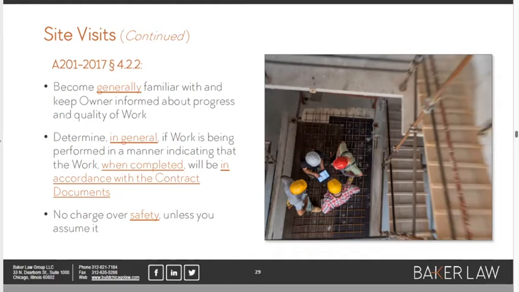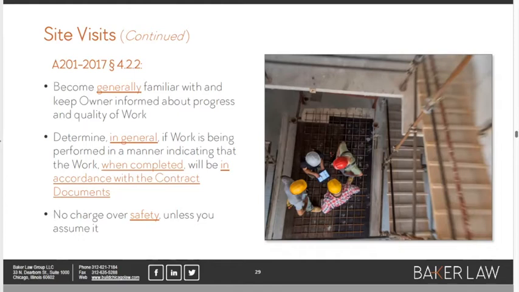Because if the owner wants an architect to station 5 or 6 observers on site every day, fine. But if that's not going to happen, if the architect is only occasionally going to come to the site and make observations, what's the appropriate standard? Well, that's what you see on the screen right here.